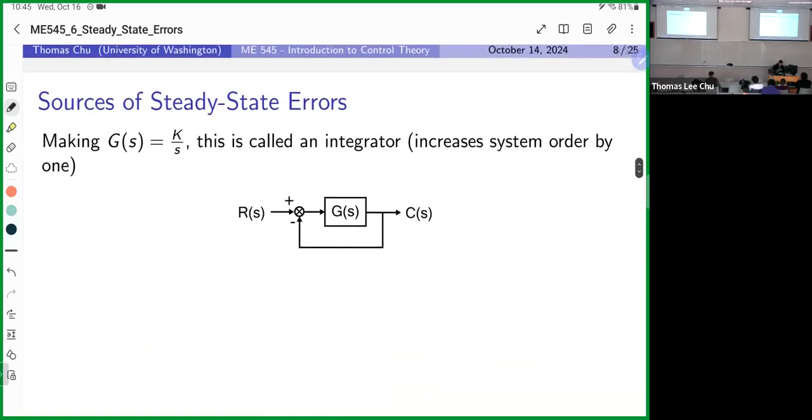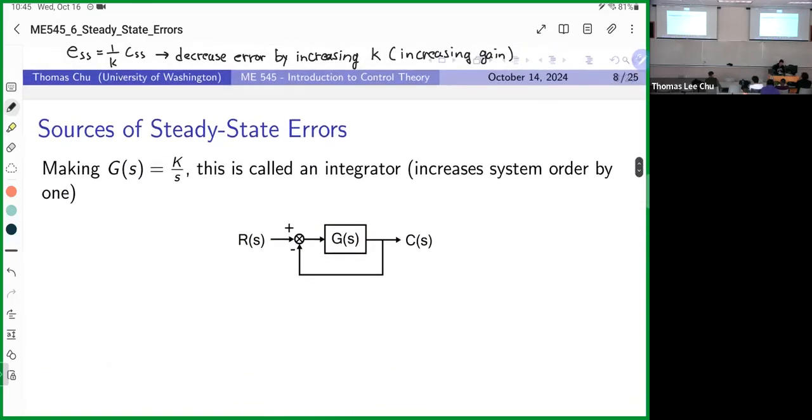So when we add an integrator, which is a pole at the origin, and if we think of s times y to be the derivative, then taking y over s is the integral of y.